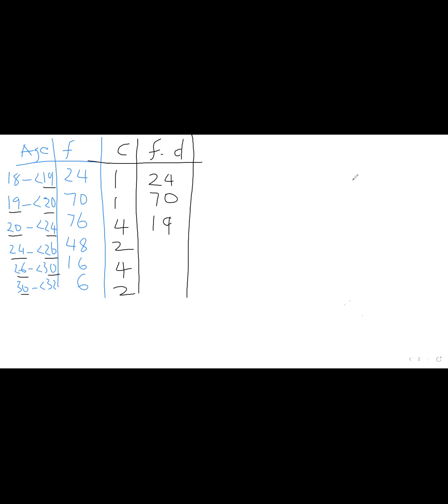So 19 minus 18, you get 1. Do you see that? 20 minus 19, yes, you get 1. Why did you get 2? You got 2 because you counted that there's somebody who is 18 in the class and somebody who is 19. So you made your question discrete, yet this question was not discrete.